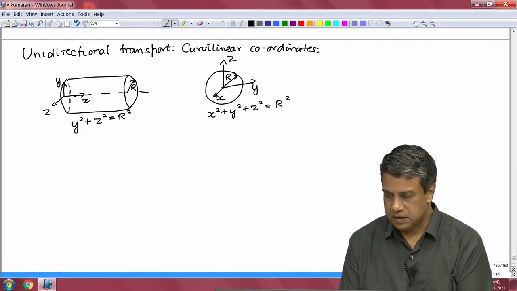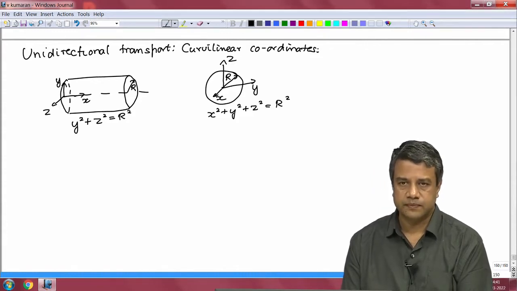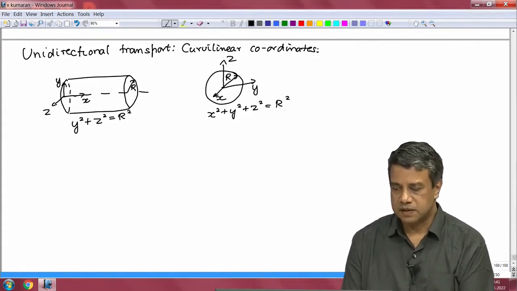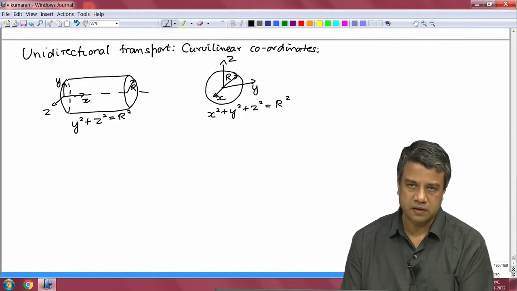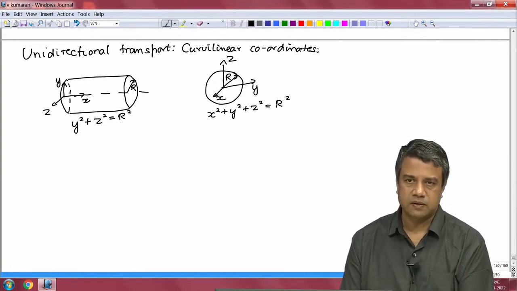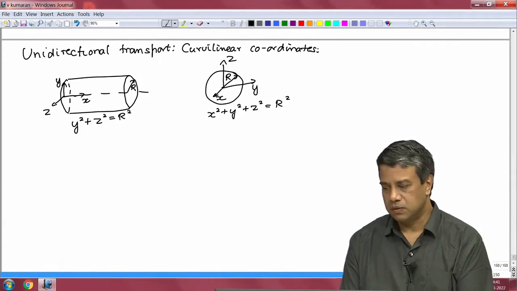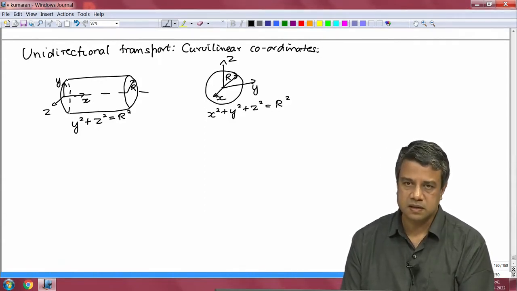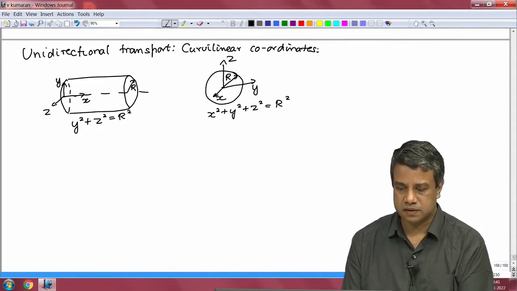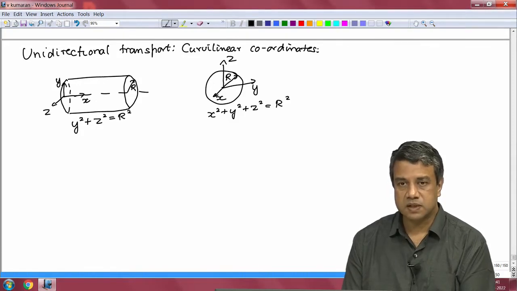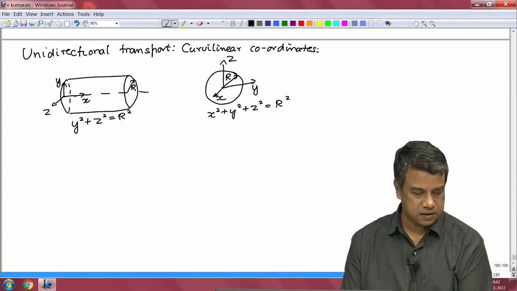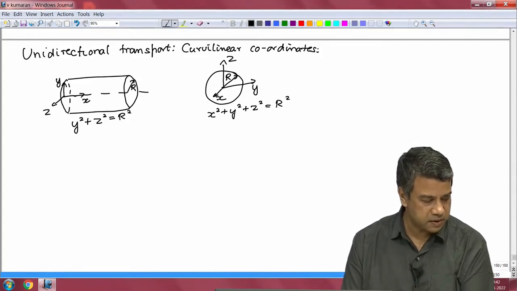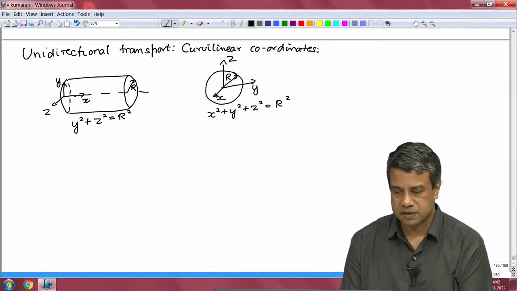Similarly, in a spherical coordinate system, the surface is at a constant distance from the origin. Therefore, if I want to apply a boundary condition at a surface of constant coordinate, one of the coordinates has to be the distance from the origin, from the point at the center of the sphere. So, we have to use that coordinate system to derive our balance equations.